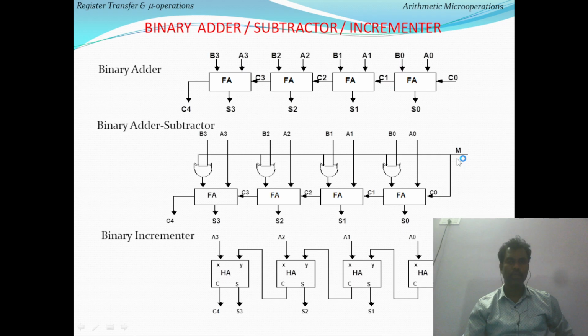If M is equal to 1, XOR with 1 means complement of the bit, so the XOR gate will pass the complement of B0. The mode is also connected as the carry input, because A plus B bar plus 1 is 2's complement addition, which is nothing but subtraction.